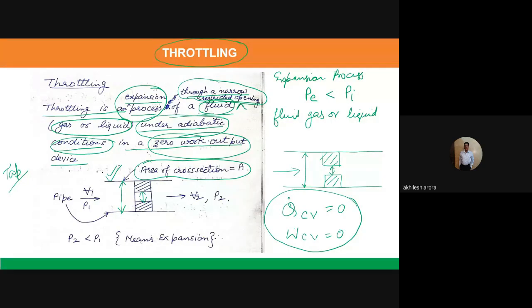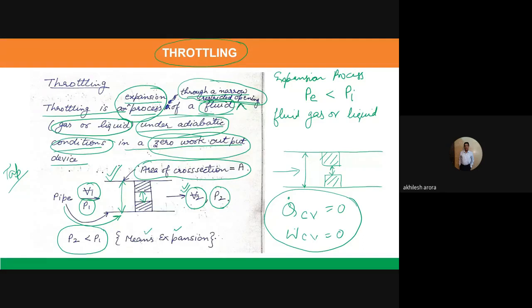The velocity of the fluid flowing into the pipe is v1, its pressure is p1, and at the exit the velocity changes to v2, but the pressure is reduced to p2. So it means p2 is less than p1, meaning expansion is taking place. So this is the process of throttling.